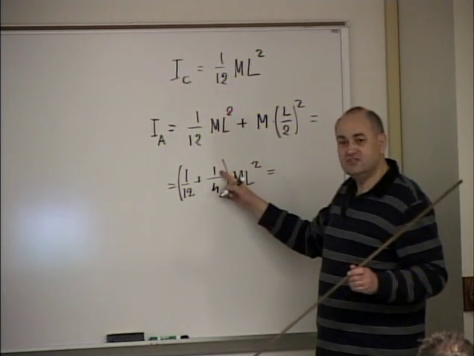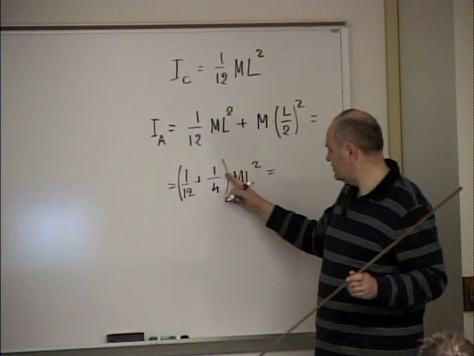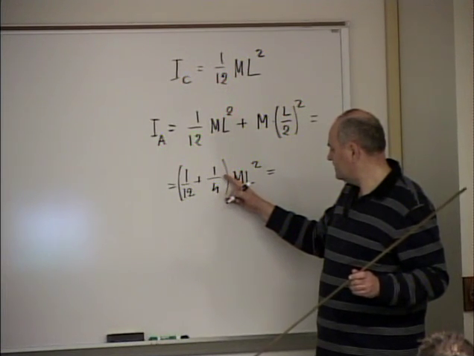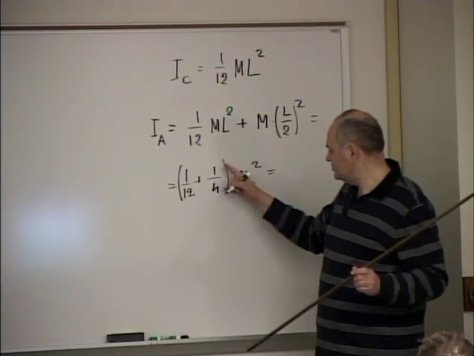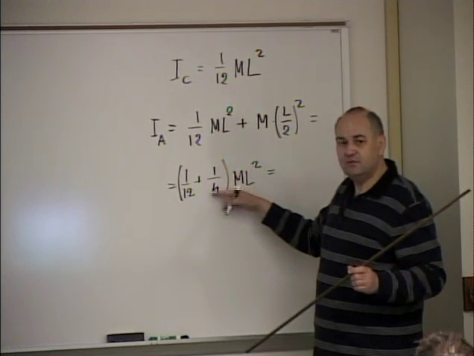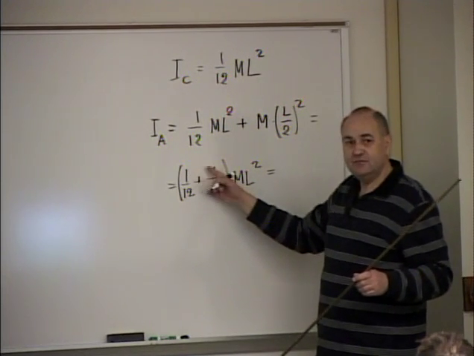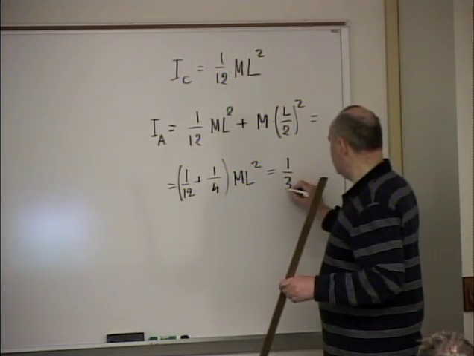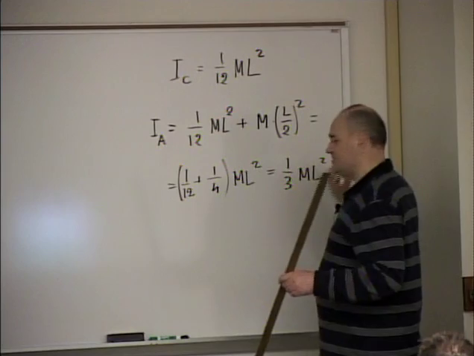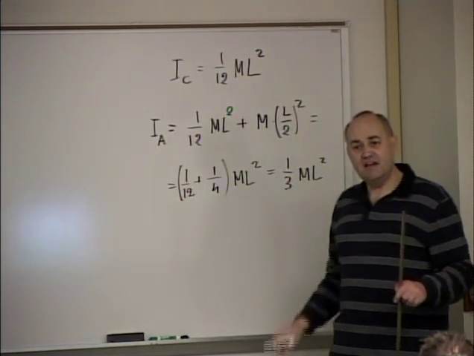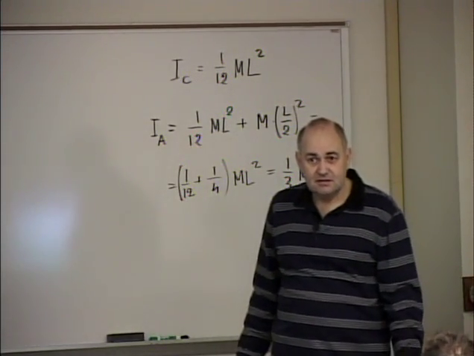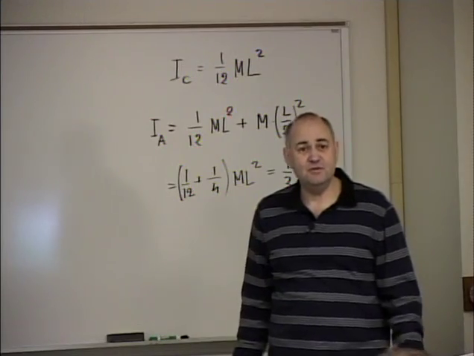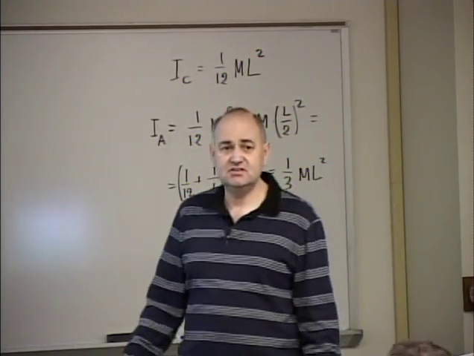Sorry, 1/4 is 3/12, right? Plus 1/12, so this is 4/12. And 4/12 is 1/3 mL squared, which should make us happy, right? Because this is what we found directly from the definition yesterday.